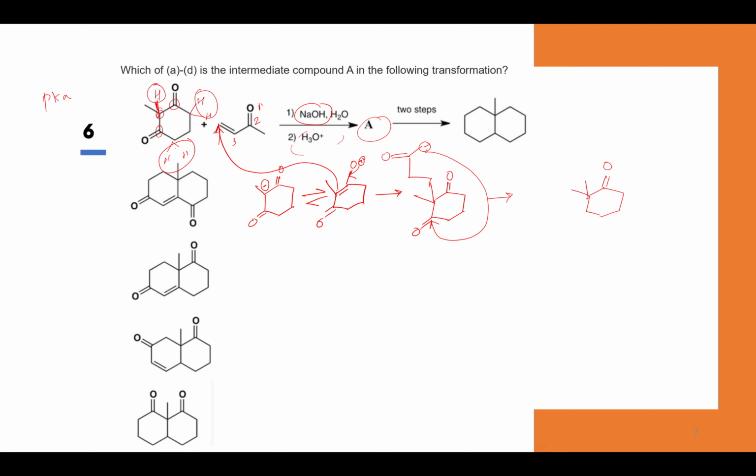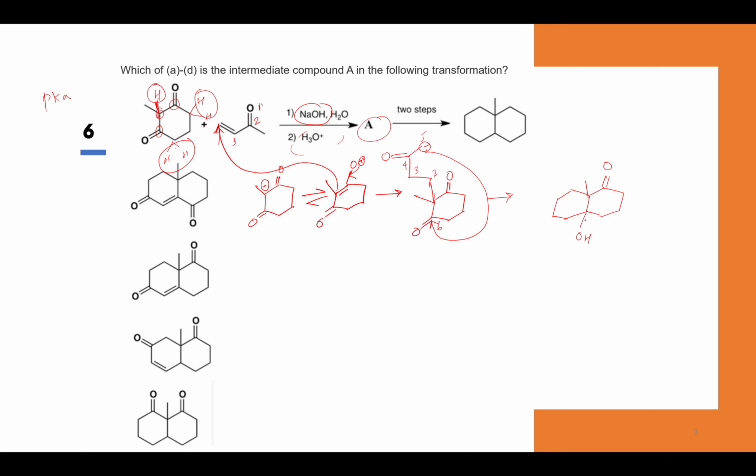Methyl group is here. Okay. Just count the carbons: 1, 2, 3, 4, and this one is 5. So 6, right? 1, 2, 3, 4, 5, and it is attacking on the carbonyl center, which is 6. So a 6-membered cyclic ring formation will take place, followed by OH remaining here, right? All of you got this one?